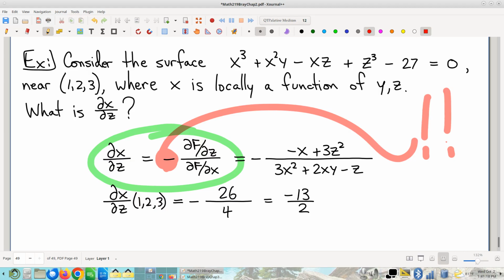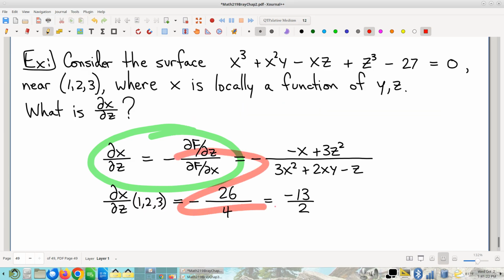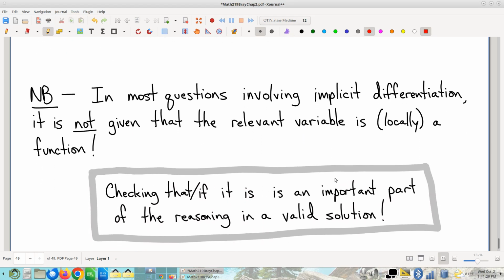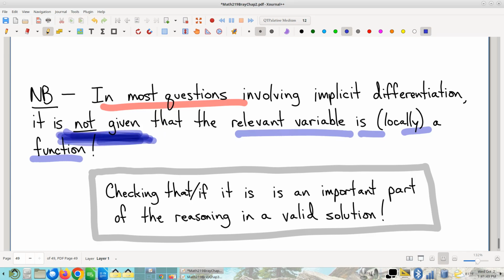Okay, all right. So you take the formula, and you compute, you get an answer. So there's one last thing I wanted to say about all of this, another strategic point, you might say. Most of the time that you see a question, the fact that the thing that you want to take a derivative of is, at least locally, a function, and therefore that you can, in fact, talk about its derivative, that's not given.